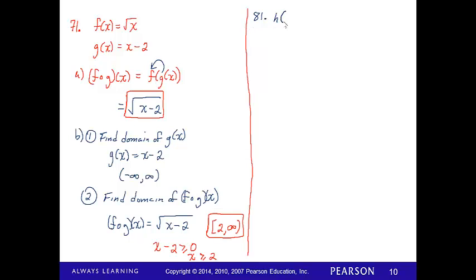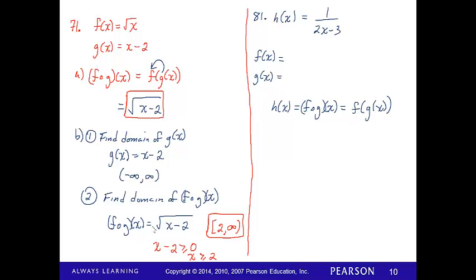So this time they gave me h of x to be 1 over 2x minus 3. And I must find functions f of x and g of x such that h of x is equal to f∘g, which is just f of g of x.